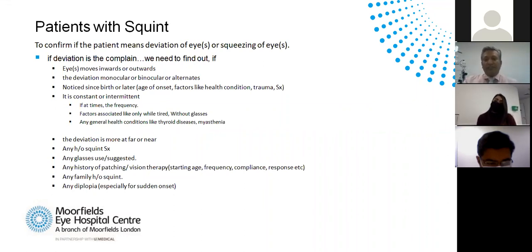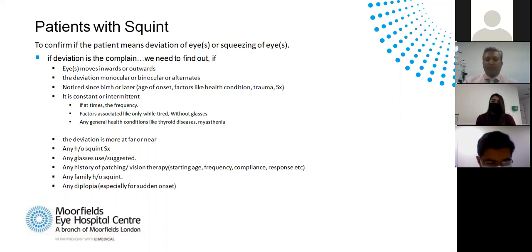Then the other part is if there is any history of squint surgery. This question is more relevant for little older kids or adult patients, if they are presenting with a previous history of squint surgery. So we need to find out if this is a residual squint or a new episode. Also if any glasses were used or suggested.